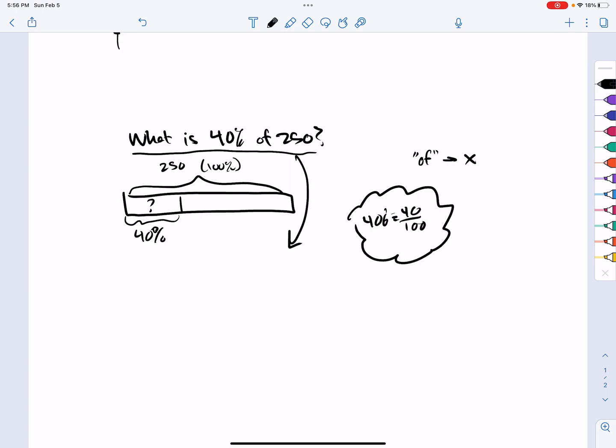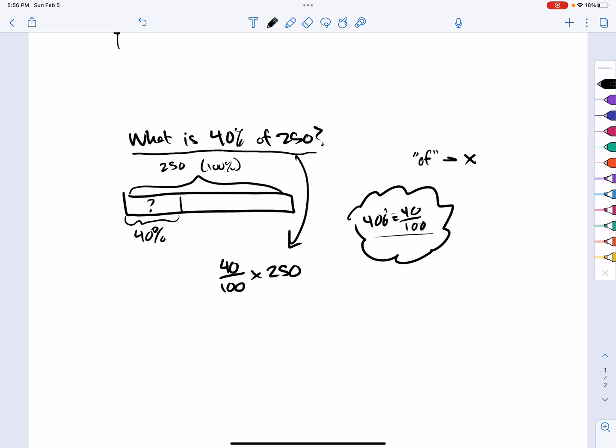I can manipulate that more than I could 40%. So I'm going to rewrite 40% of 250 as 40 over 100 times 250, because that's the same value.